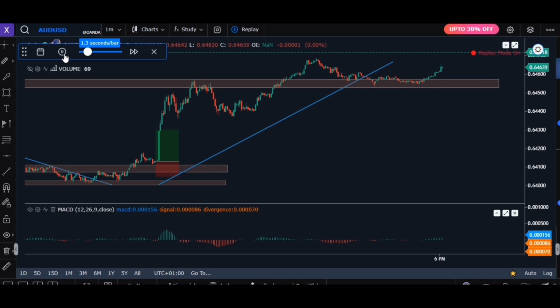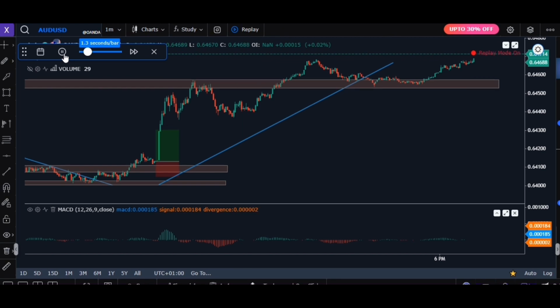The market respected that zone and is moving upwards.